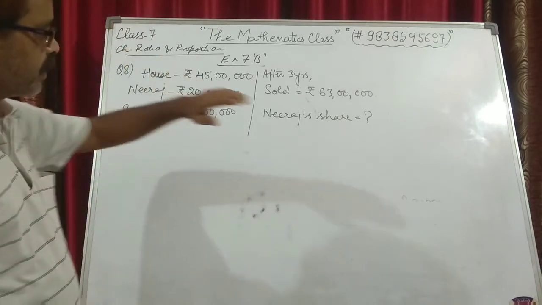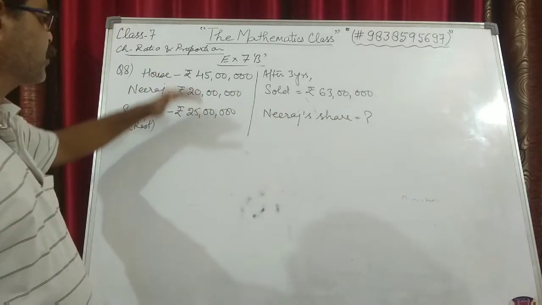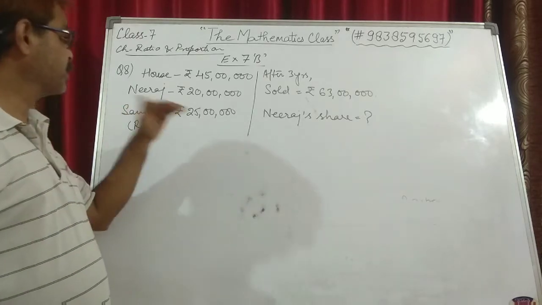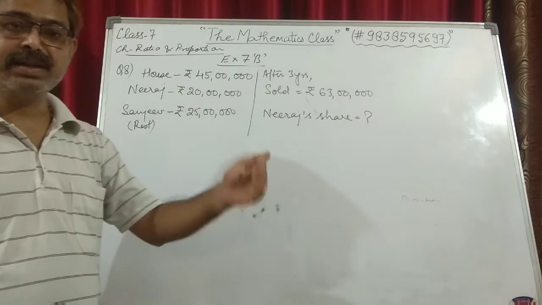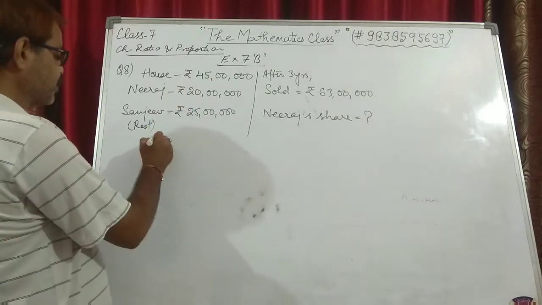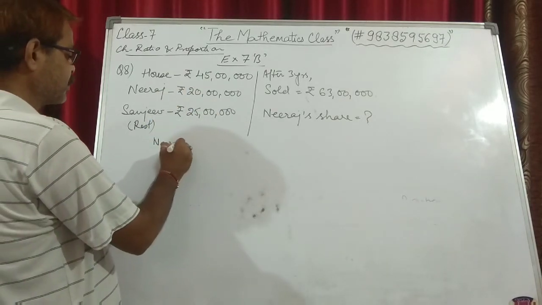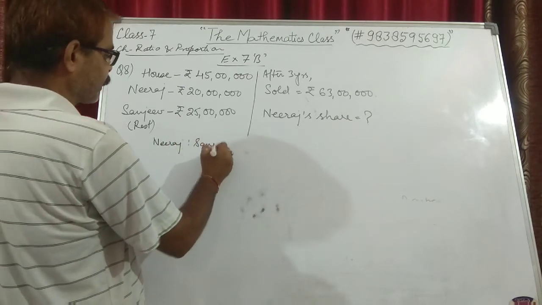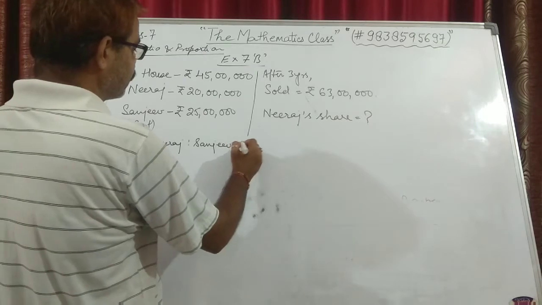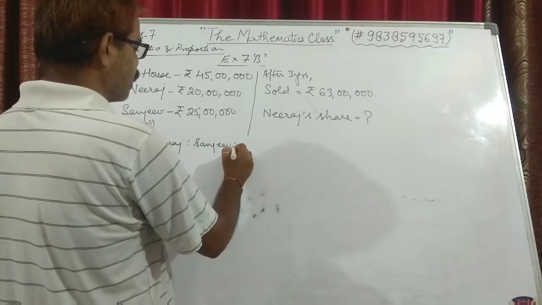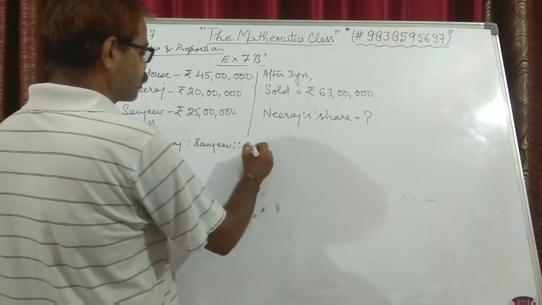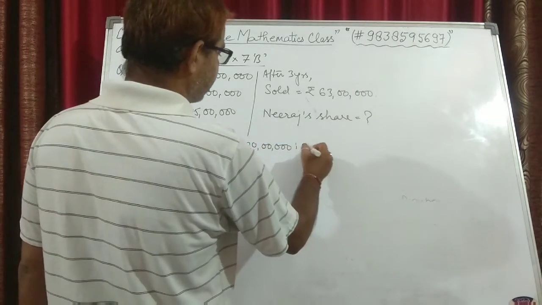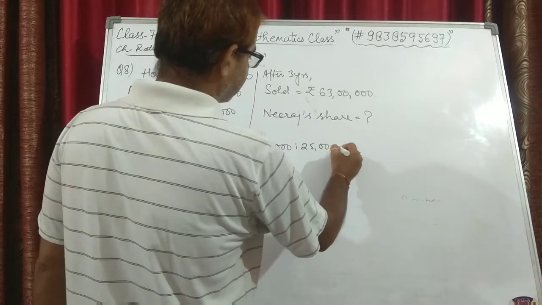When the house was sold, how much amount will Neeraj receive? In order to find this, first of all we need to find the ratio of the amount that was given in the deal by Neeraj and Sanjeev. So Neeraj is to Sanjeev is proportional to how much amount they are giving: 20 lakh is to 25 lakh.